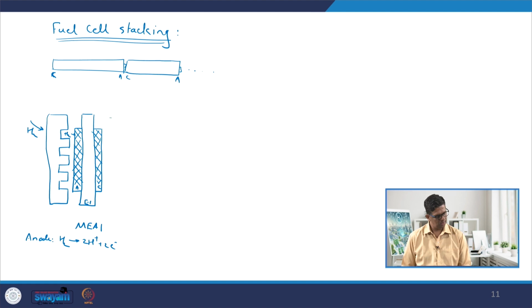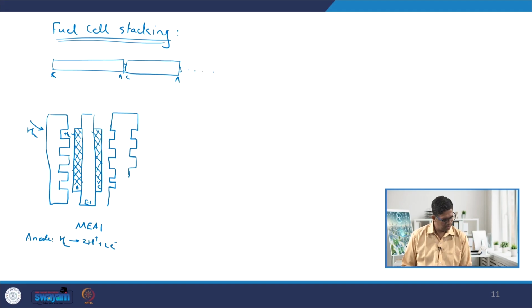So, let's also draw the bipolar plate. Now, this side faces the cathode of the first cell. I am also going to draw the side that faces the anode of the second cell. So, this is my bipolar plate, which has got channels on both sides.